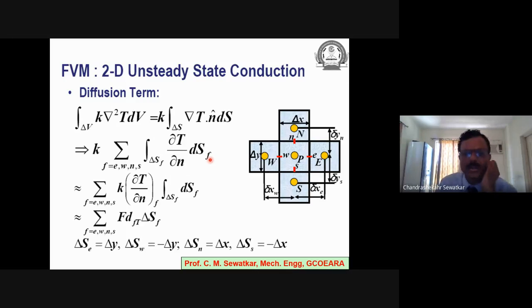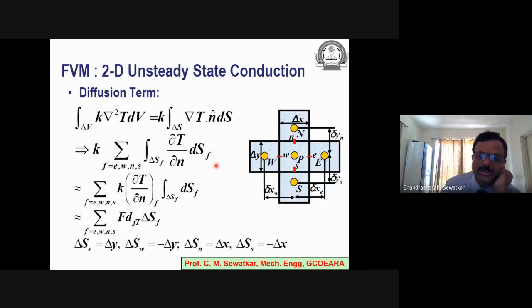Now we further assume that this derivative is constant, which can be obtained in terms of the temperature at P and temperature at E. By taking the temperature difference between the two and the distance between the two, I can find out the temperature gradient here, and I assume that the same temperature gradient prevails over the entire face, and then I take it out of the integral sign by assuming it as constant.